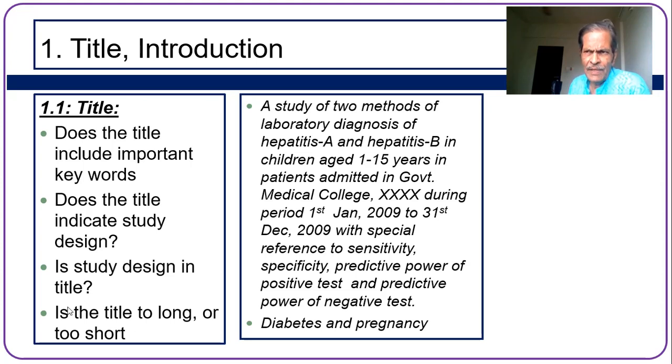So by merely using the word association, this inference can be drawn by the person who is reading the title. So such words should be introduced in the title so that it is easy for the person reading the title to guess what sort of article he or she is expecting.